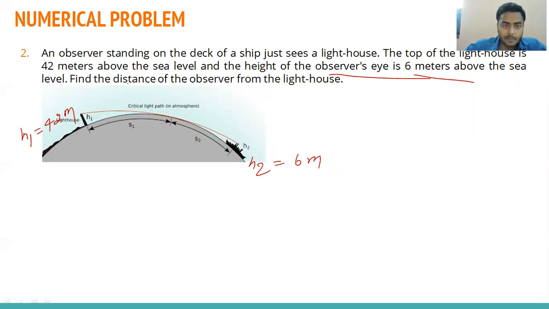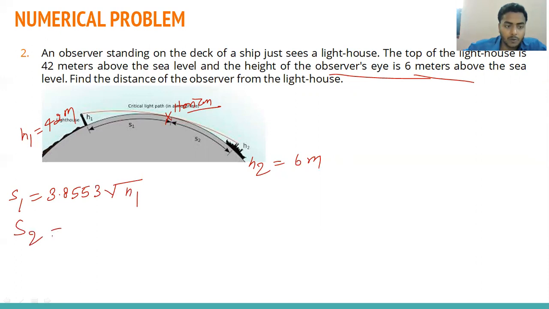See, in this case, by the figure you can see both the ship and this lighthouse are apart from this point of origin. Suppose this point is origin. So we can calculate H1. How we can calculate? 3.855 root under H1.